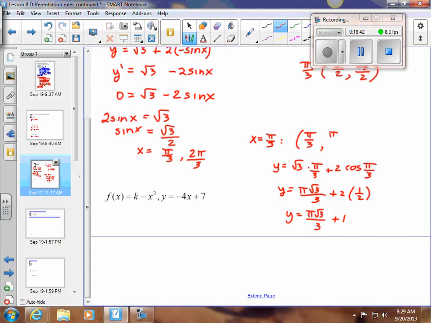So that is the y coordinate for that x. Find the y coordinate for the other x if x is 2 pi over 3.